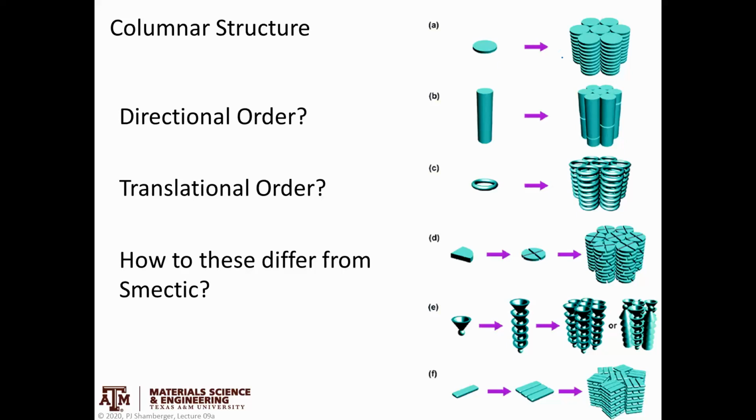And so in some cases, you might have some translational order perpendicular to the direction they're stacking, and you definitely have translational order along the direction of stacking, but that could be a little bit different. So, I think I'll leave this to you to think about, but you'd ask the same kinds of questions. Where do we see directional order, translational order, and how are these different from smectic structures?